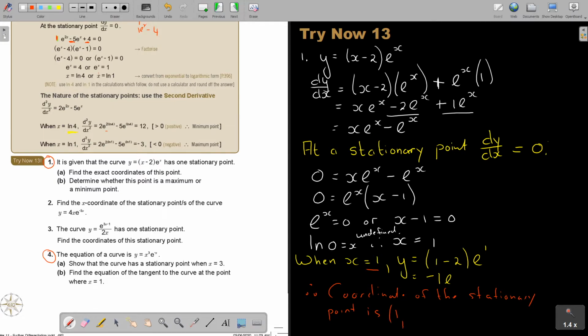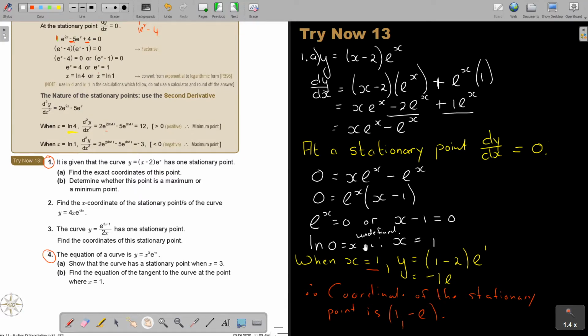It was 1 and then just negative e. And don't leave it like that. That is exact. So this was number A: determine the exact coordinate of this point.